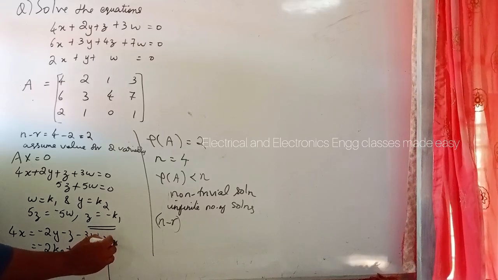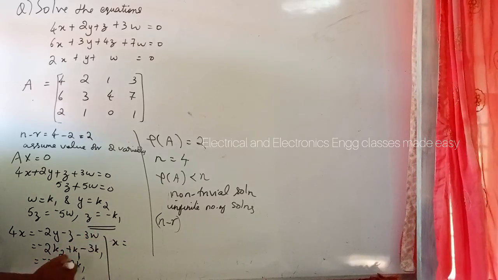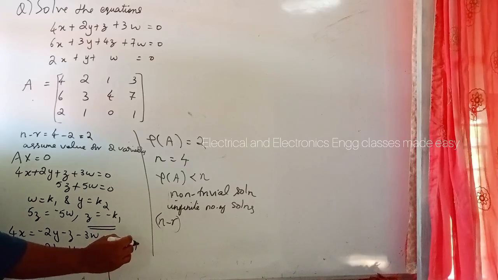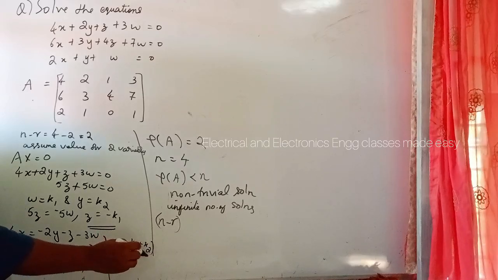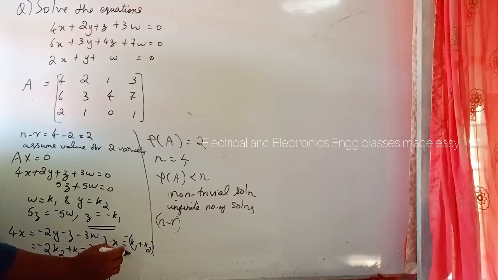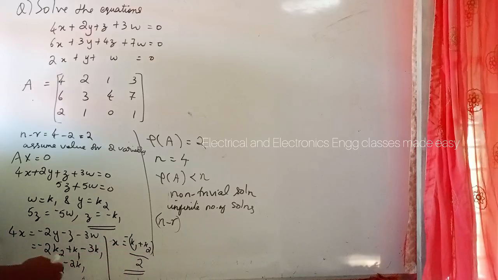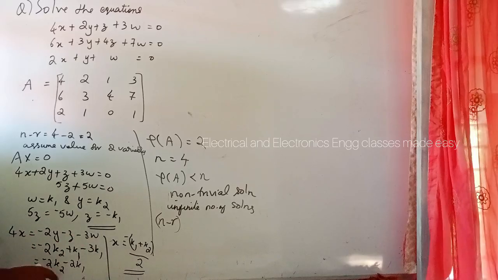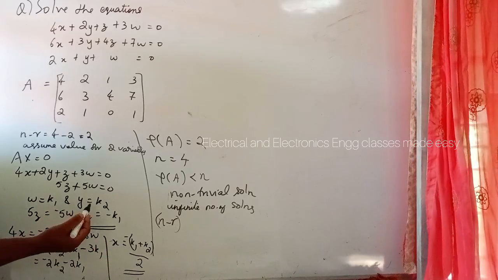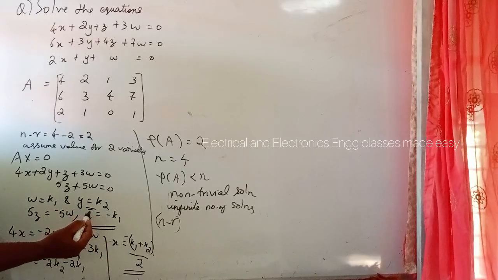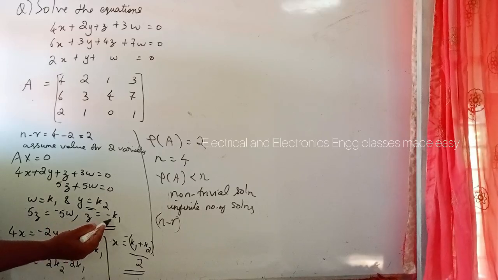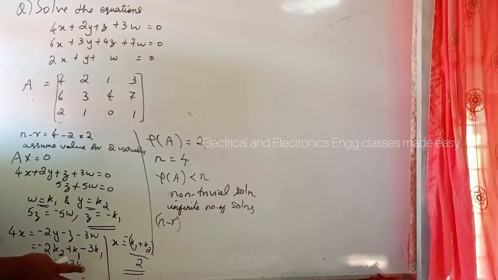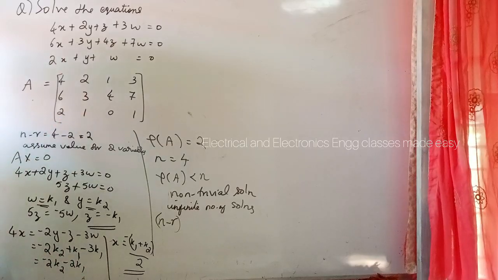So x is equal to minus of k1 plus k2 divided by 2. So x is equal to minus of k1 plus k2 divided by 2 and y equal to k2, then z equal to minus k1 and w is equal to k1. So this is the solution of this system of equations.